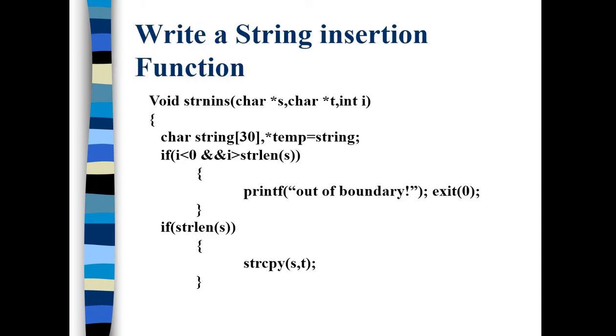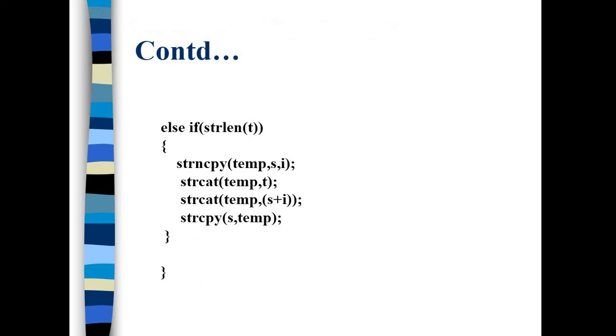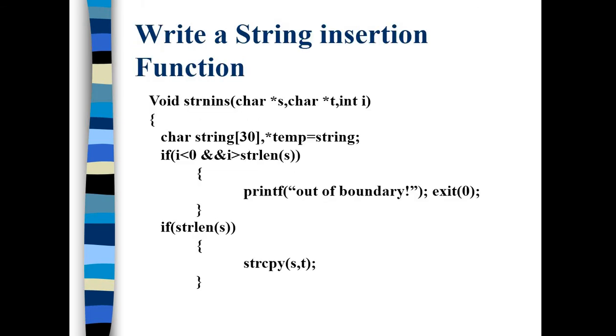If the string is existing, then we copy that to the string t. For example, here we want to insert the string t into s. So here there is a mistake. It should be: if not string length of s.